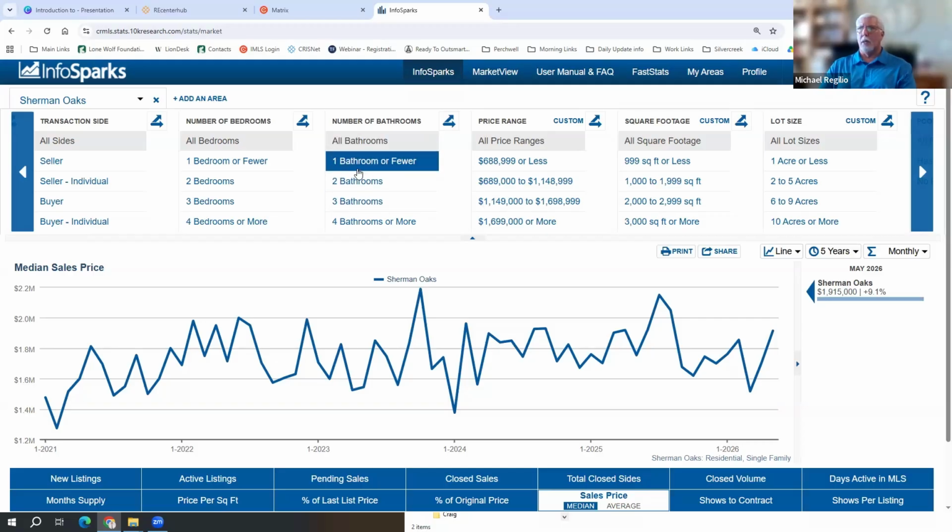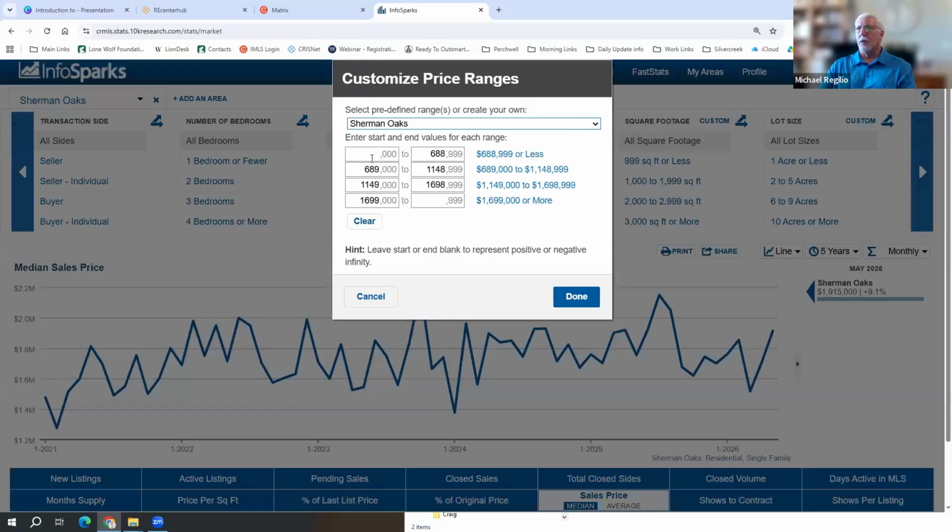Most of the time I'm looking more at the general status of the market, but sometimes we're diving deep to get a real good picture on what's happening within a certain type of property. Price ranges. So you can filter just by price ranges. And the nice thing about the price ranges is that you can actually designate your price ranges.